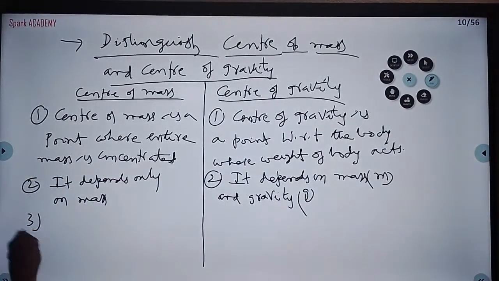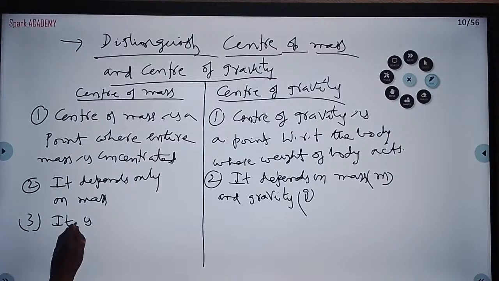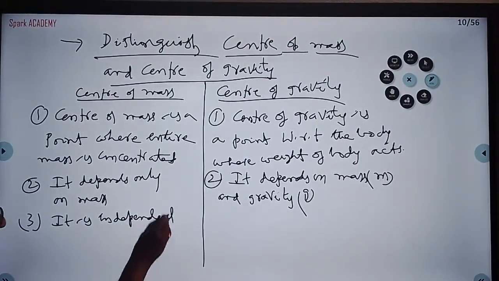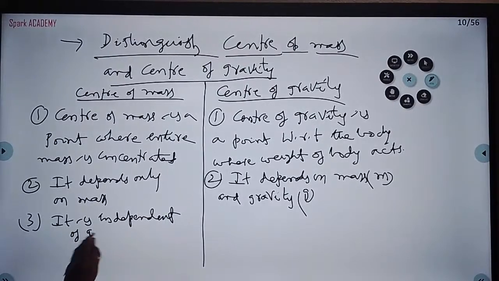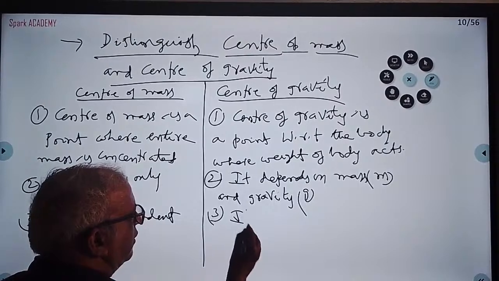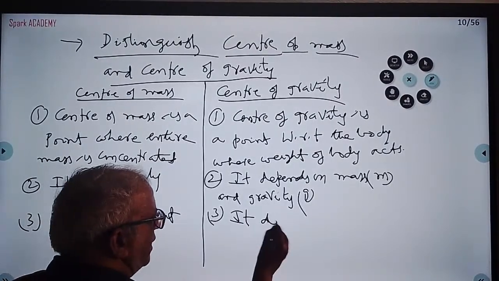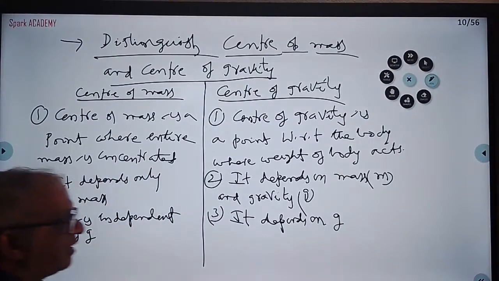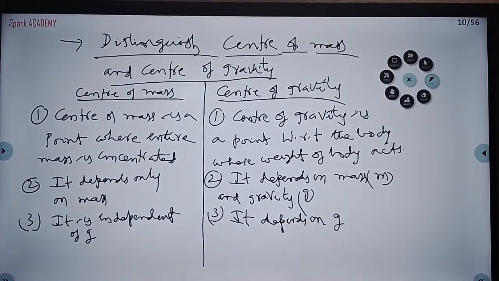Third, center of mass is independent of g. Center of gravity depends on g. Second and third points are almost one and the same. Is the theory clear? Because I'm writing a little fast.